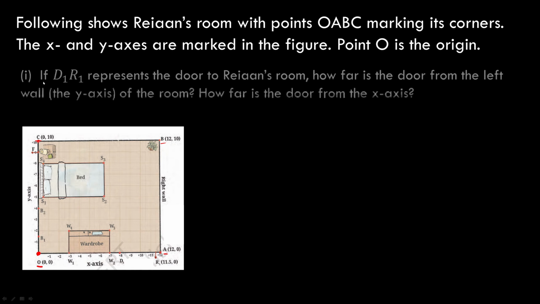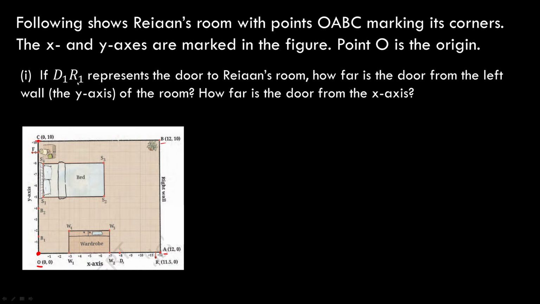The first question is, if D1R1 represents the door to Rian's room, how far is the door from the left wall, the y-axis of the room? How far is the door from the x-axis? So they are asking about this. This is the door, goes from D1 to R1.